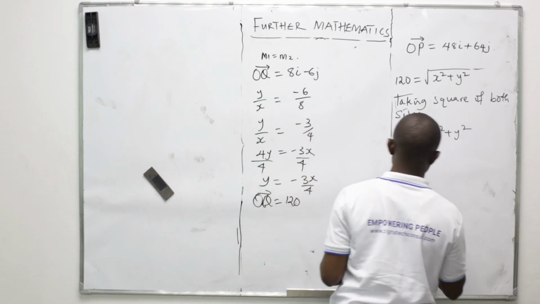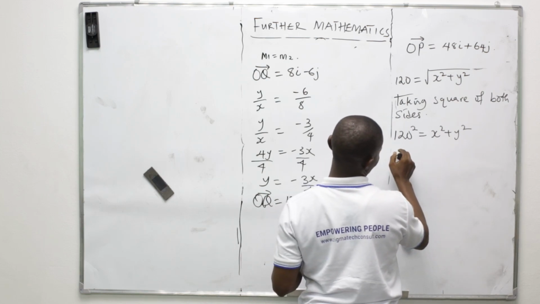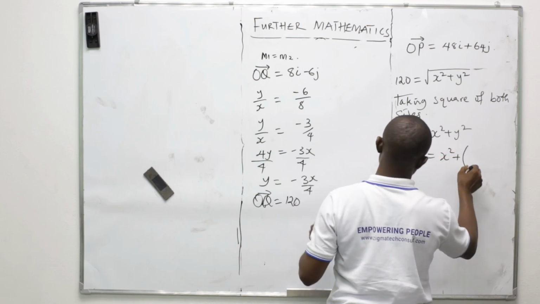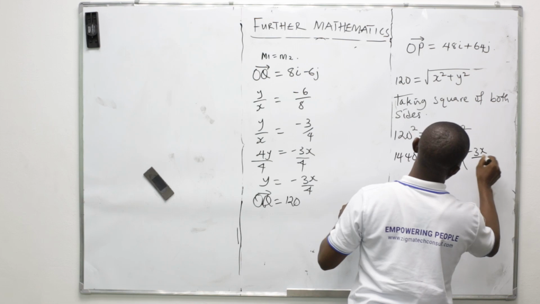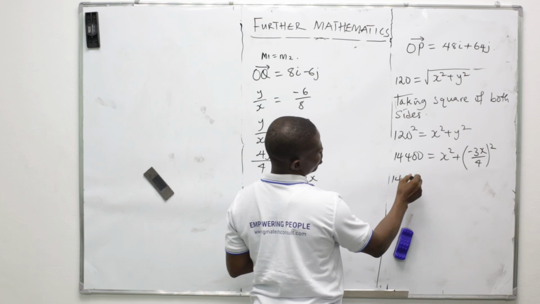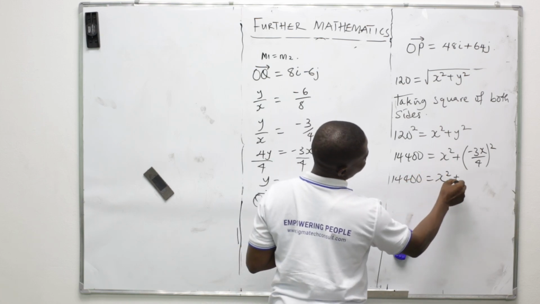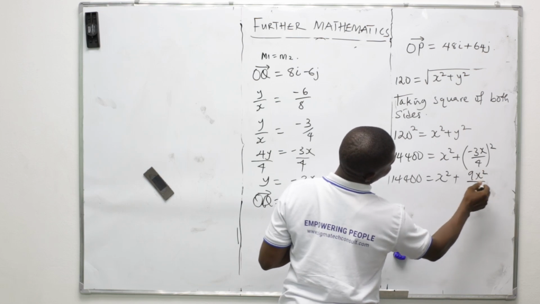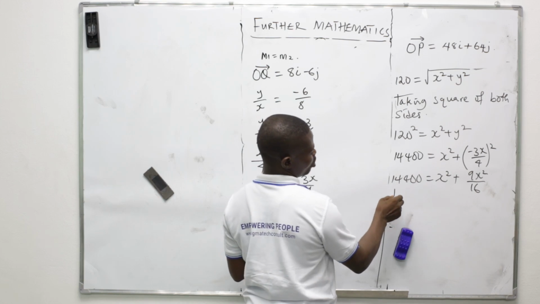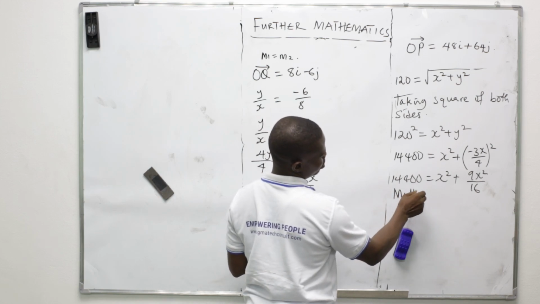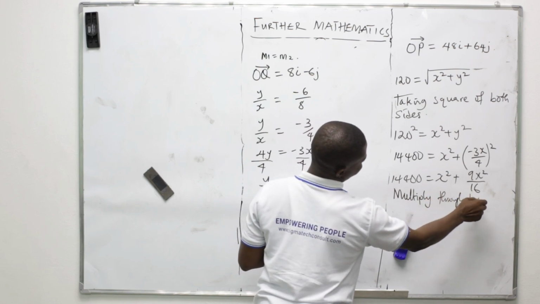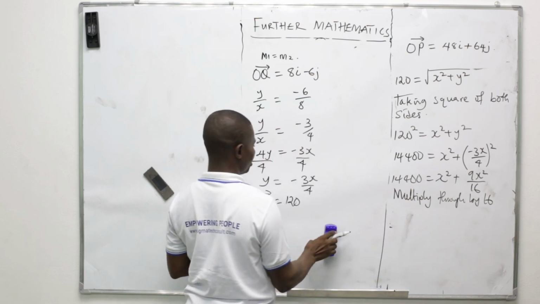Recall that y equals to who? Minus 3x all over 4 all squared. When we do, we're going to have x squared plus 9x squared all over 16. And we'll multiply through by 16.